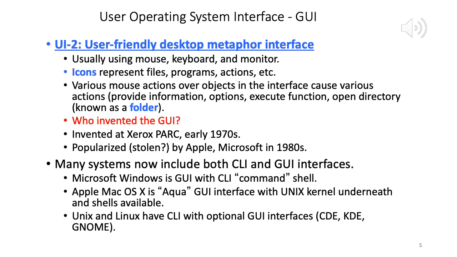So now we move to graphical user interfaces. These are definitely more common, usually using a mouse, keyboard, monitor, or touch. Here you have icons representing files, programs, or actions. Various mouse actions over objects in the interface cause various actions to be performed. So using the mouse, you can provide information, execute something, open a directory or a folder, and so on.